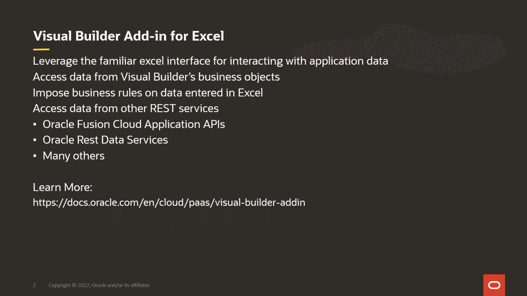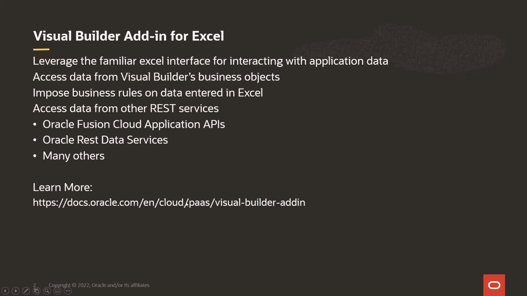Mainly, you can access most of the Oracle Fusion Cloud application APIs, or something like ORDS, or there's quite a few others. If you have a REST service and you want to use this add-in to connect to some other REST service, as long as you can define the API using an OpenAPI standard, you should be able to get in there.